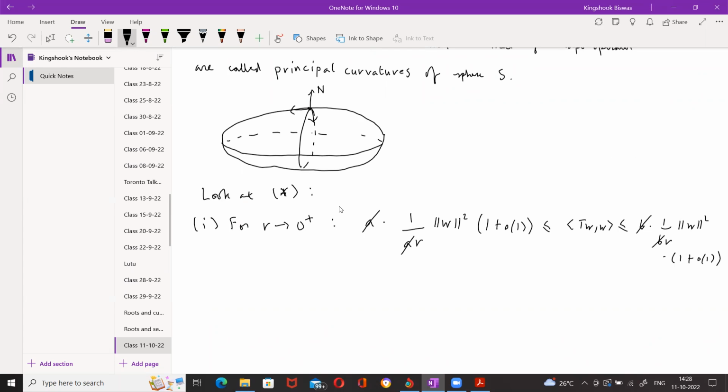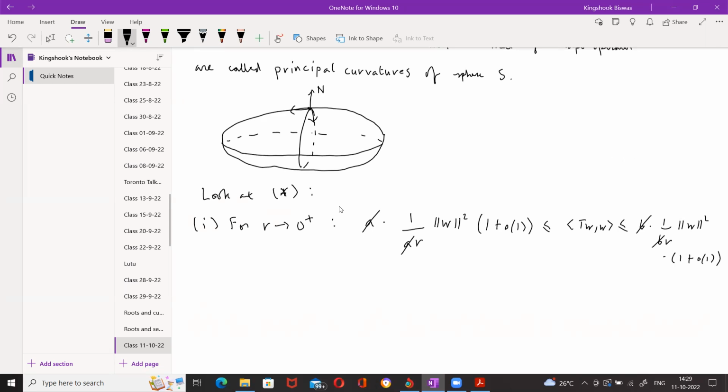That means that geodesic spheres, when R is small, look like Euclidean spheres up to second order. Curvature involves second derivatives, so it's a second order quantity. Up to second order, geodesic spheres look like Euclidean spheres when R is small. Does this make sense? Yes.